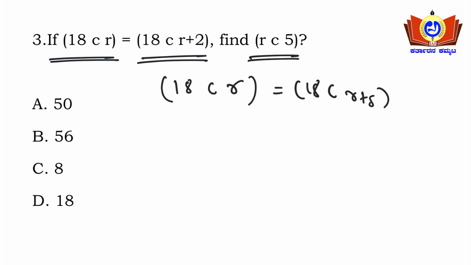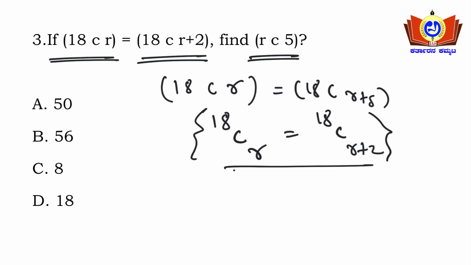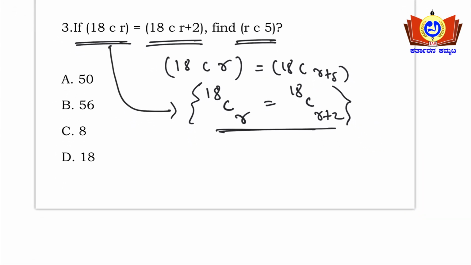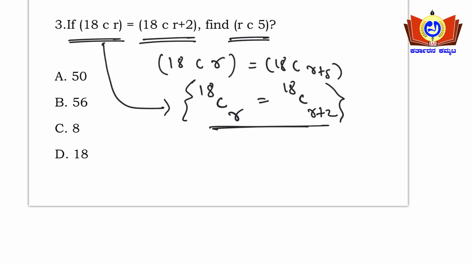While typing there's a constraint that we cannot write it properly. This will be represented as 18CR, this will be equals to 18C(R plus 2). See friends, actually in this manner it is represented here. If you fail to analyze that it is written in this format, you need to solve more problems. Then only you will get to know 18CR will be equals to 18C(R plus 2).